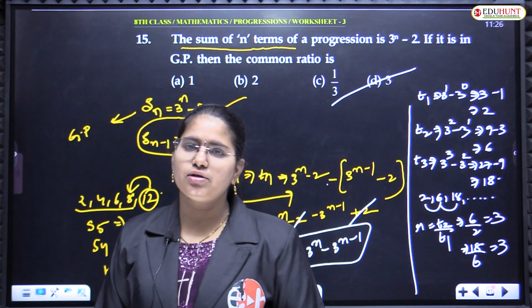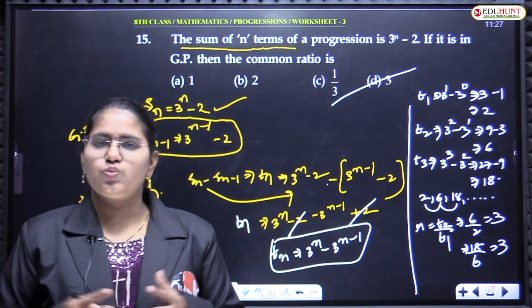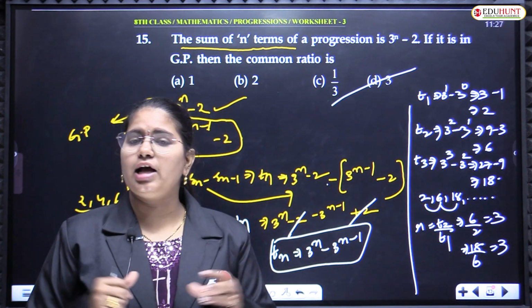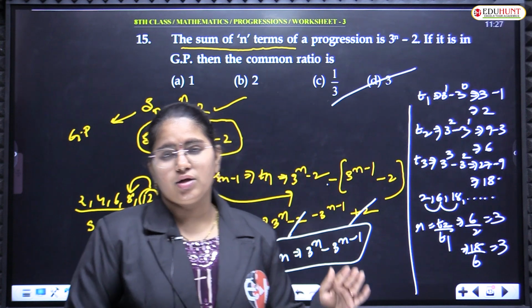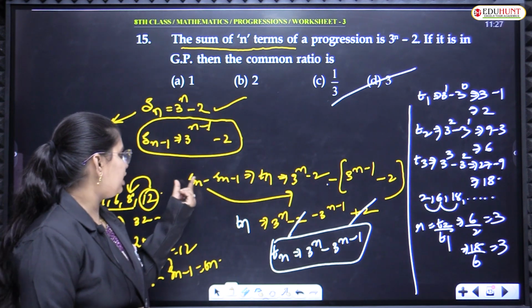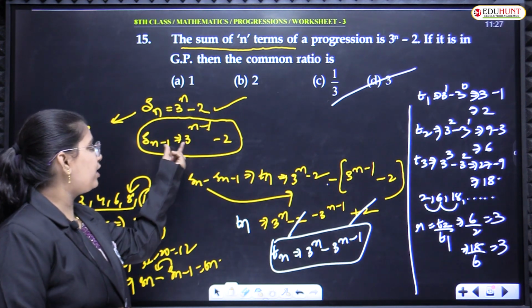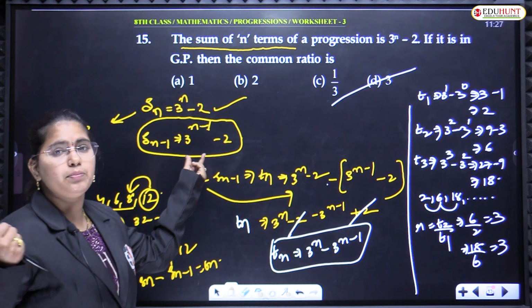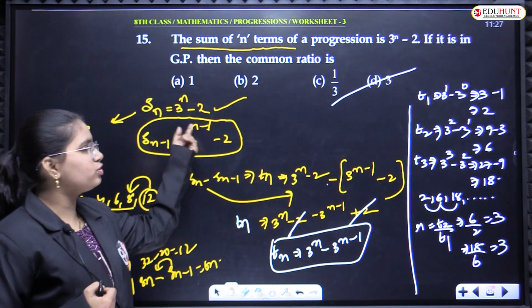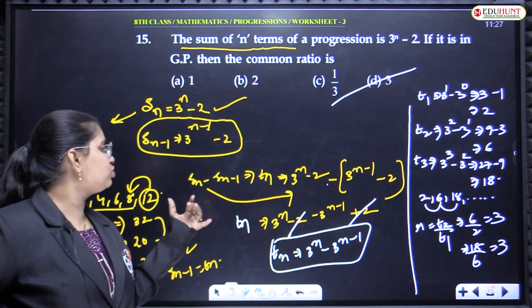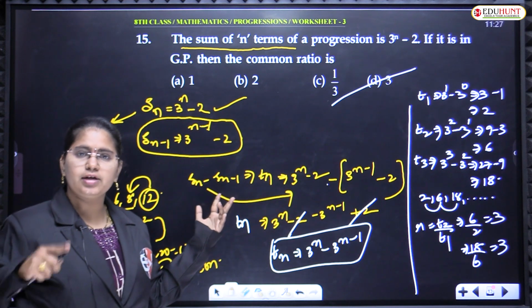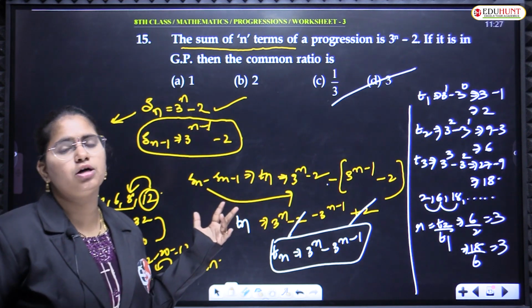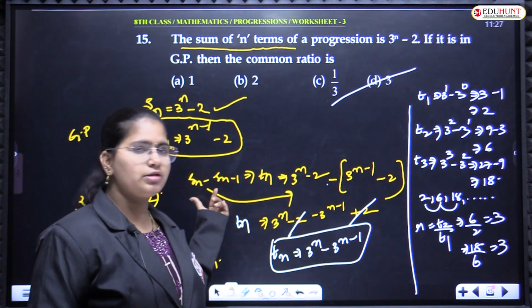What have I solved in this question? It's very simple. First, I was given Sn. With the help of Sn, I wrote Sn minus 1, which is 3 to the power of (n-1) minus 2. With the help of Sn and S(n-1), I found Tn. I just subtracted these both values.